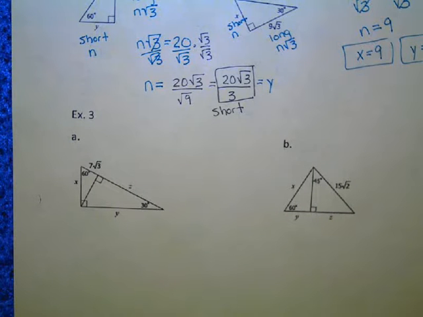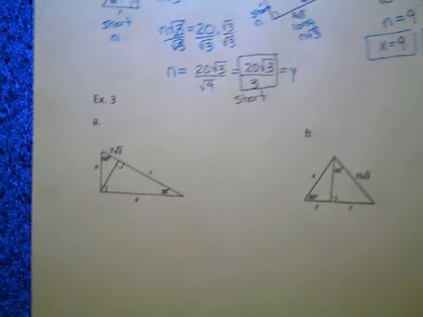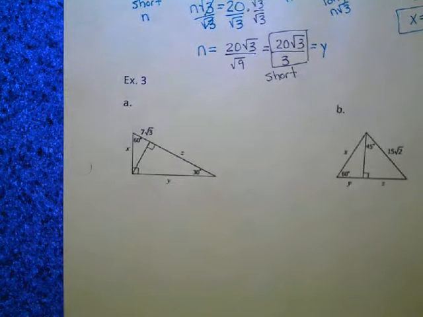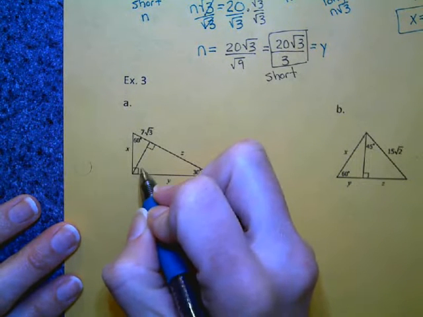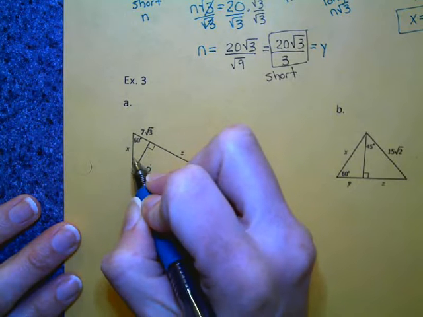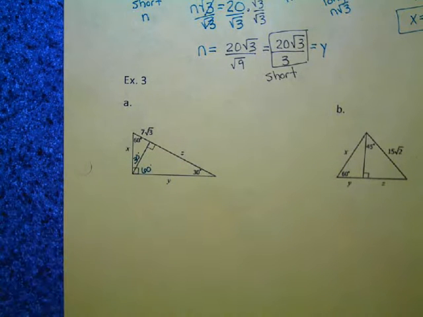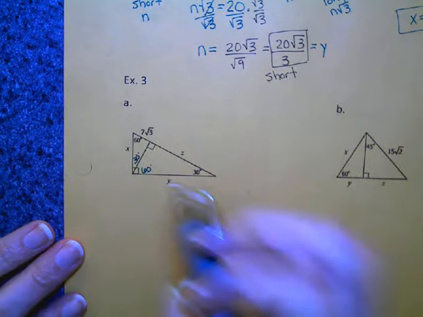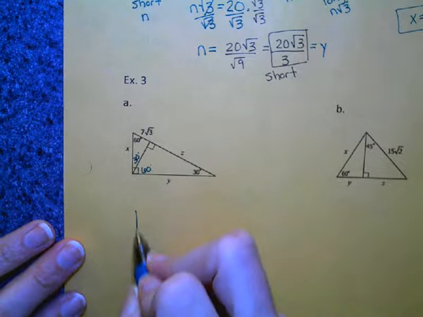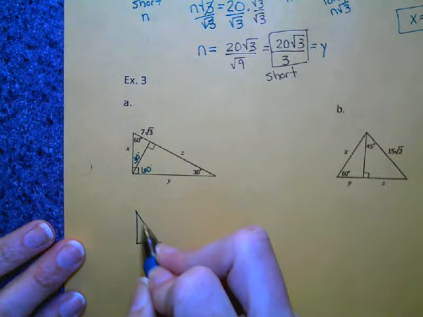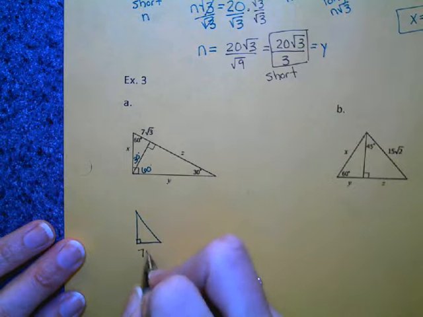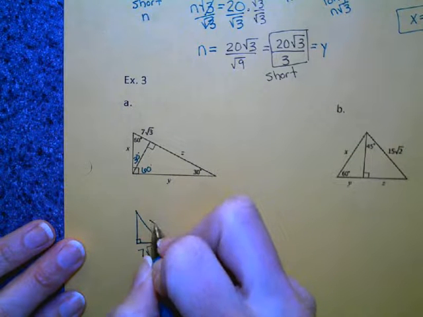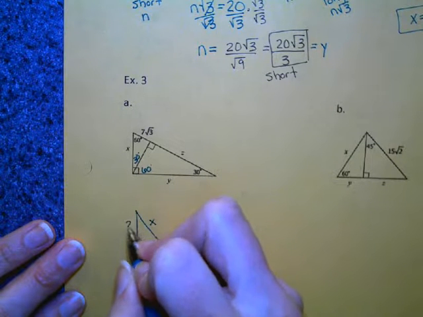Alright, the last couple we have, these are called multi-step questions, where we're going to try and break it apart. We know that this is 30, this is 60, this is 30, and what information do we have? On this small 30, 60, 90, we know this part's 7 square root of 3, and this part's the x, and we don't have a number here at all, or a letter.